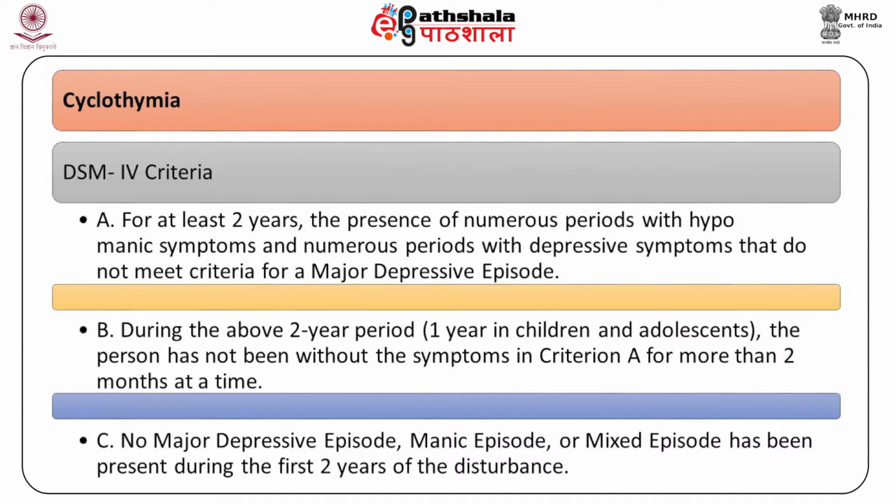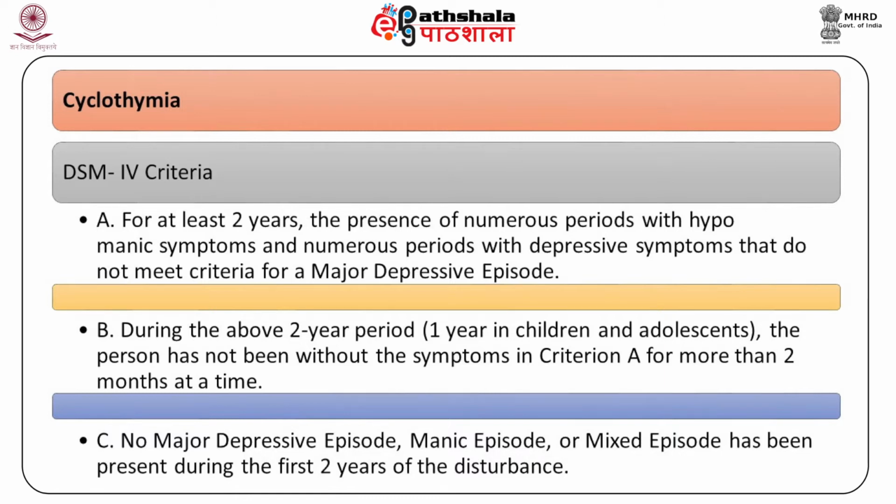Note: in children and adolescents, the duration must be at least 1 year. B. During the above 2-year period, or 1 year in children and adolescents, the person has not been without the symptoms in criteria A for more than 2 months at a time.